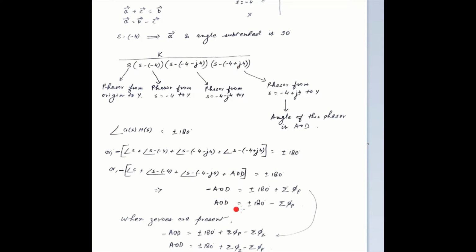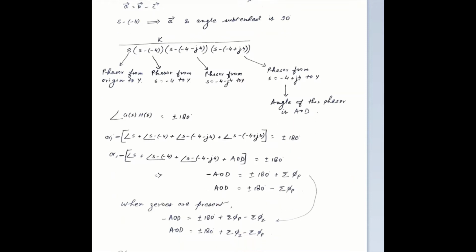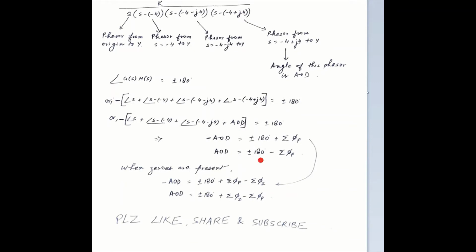So angle of departure is plus minus 180 degrees minus sigma phi p. This is the expression that we started with, and now we have reached it here.